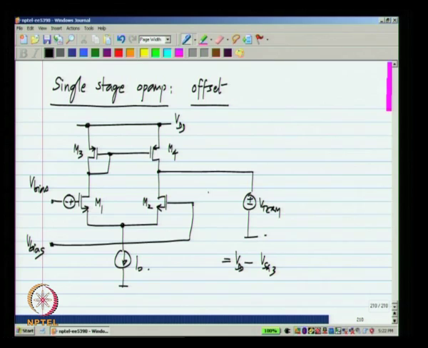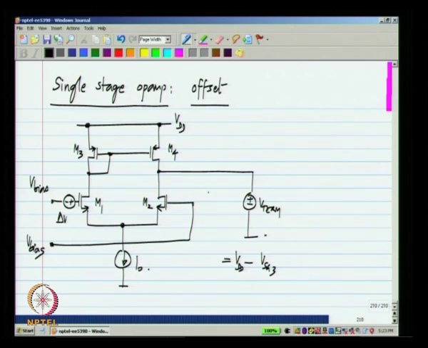We already did this earlier in the exercise involving the current mirror. Any change in threshold voltage can be represented as equivalently a change in the gate source voltage. So, the mismatch threshold voltage between M1 and M2 I will represent equivalently as a mismatch in the gate source voltage between M1 and M2. In other words, a series voltage source with the gate of M1. Let me call that delta VT12.